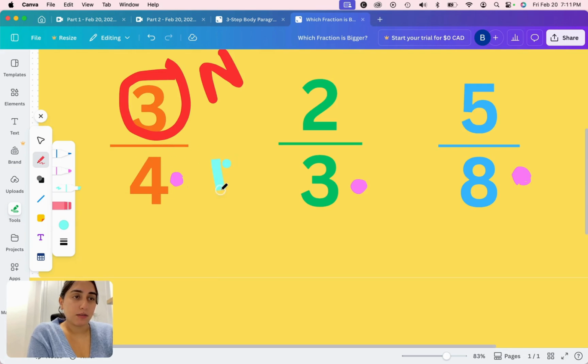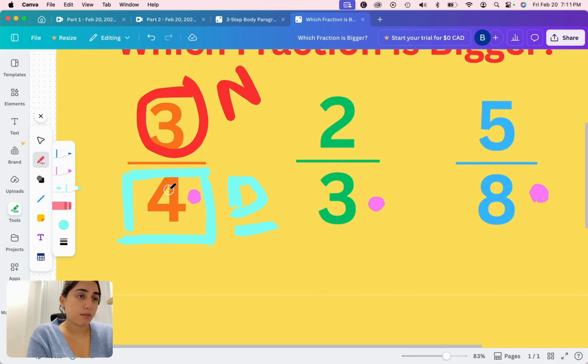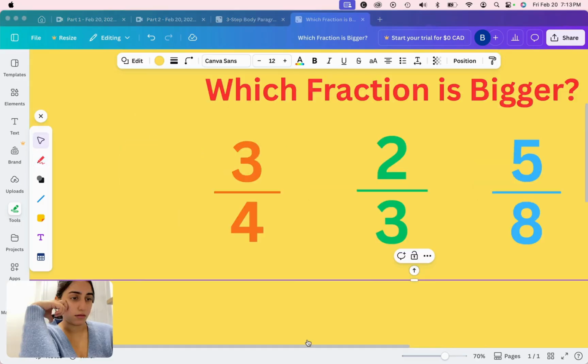This is the denominator, D for down. So the number that's underneath the numerator is the denominator. That's the 4. So we're looking for the lowest common denominator between 4, 3, and 8.